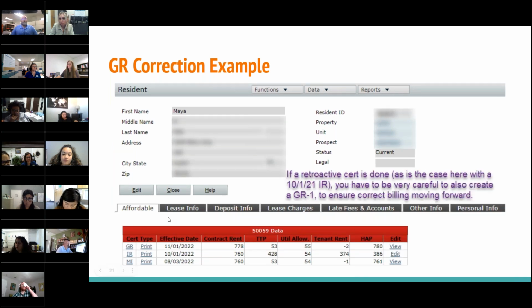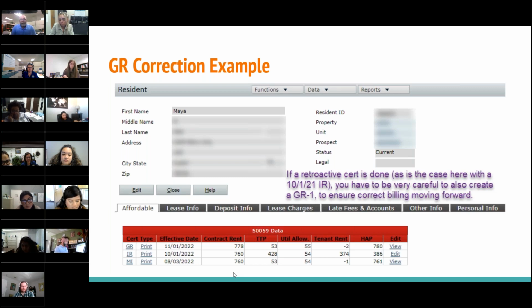If, however, we needed to go back and create a retroactive 10/1/22 IR, we can see here it would change the TTP from $53 to $428, right? It would change the tenant rent from -1 to $374. In this situation, we absolutely need a GR-1 to make sure the correct amount of rent and HAP is charged moving forward.